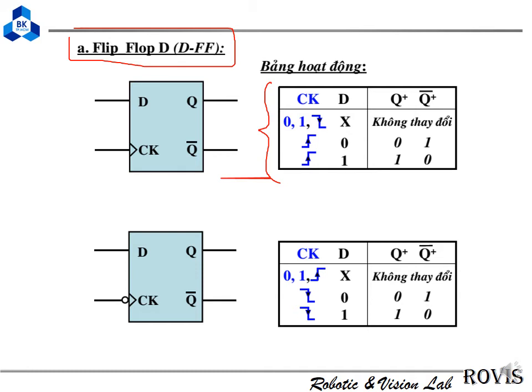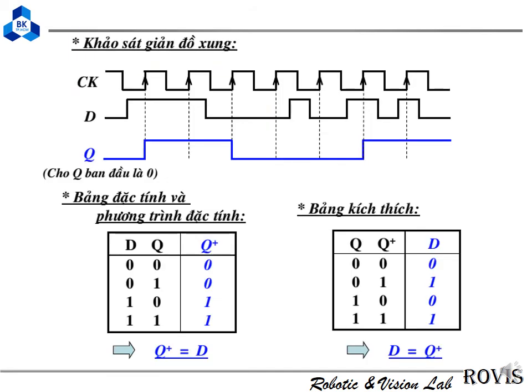Here you can see this will be active on the rising edge, and this one will be active on the falling edge. And when it is active, when D is 0, Q will be 0, and when D is 1, Q is 1. Okay, so this is the waveform.